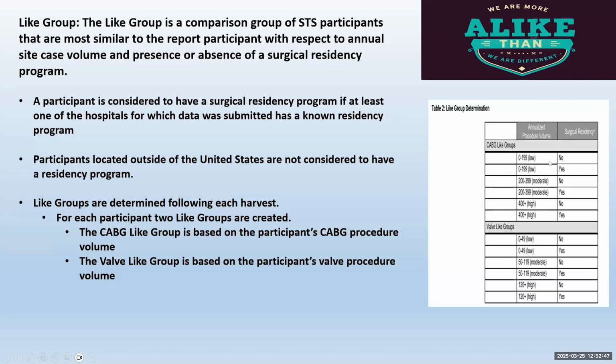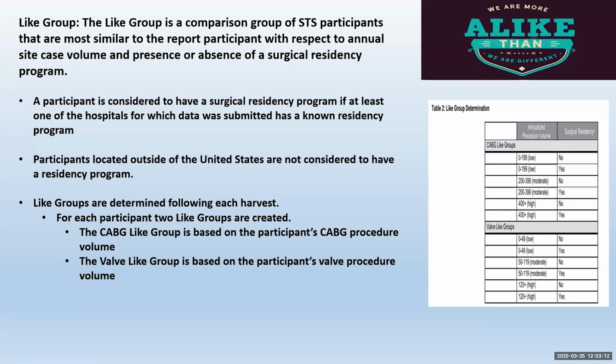There is a chart in the analysis overview that gives you an idea of what group you're going to be in based on your volume and whether you have a surgical residency or not, for both the CABG and the valve.